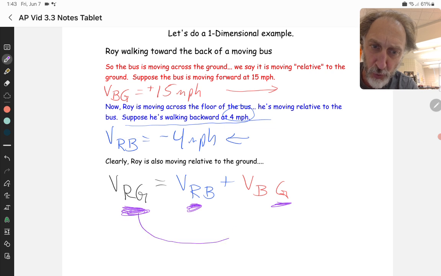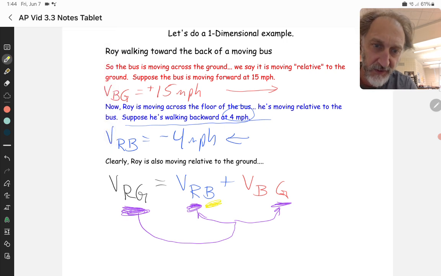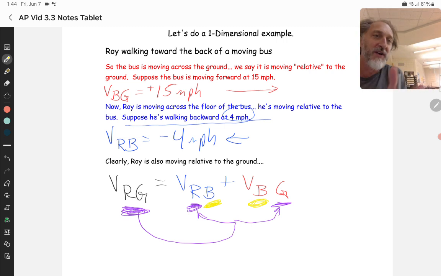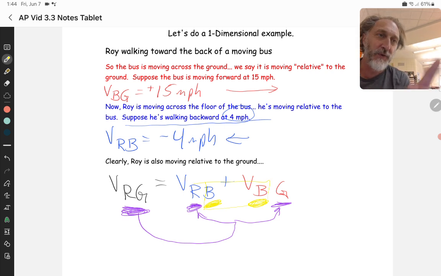And then these middle guys are both the same thing. I don't want to say they cancel because they're not really canceling, but if it helps you memorize the order of the equation, whatever variable is in the middle here is going to sort of cancel, and then you're left with the 2 on the end.